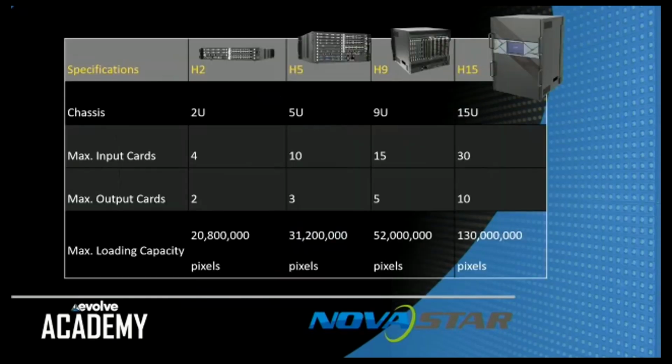Here are the chassis, the 2, the 5, the 9, and the 15. The numbers are how many rack units the frame takes up. So the 2 is literally a 2RU. In 2RU, you can pack 2 output cards, 3 or 4 input cards, depending on how many output cards you've got. All of these inputs scale.